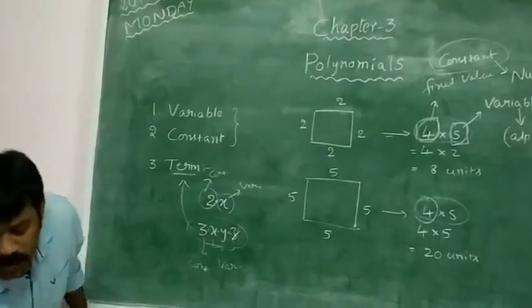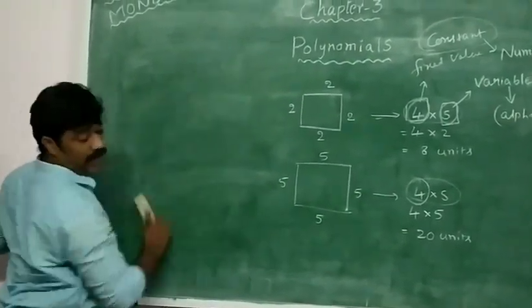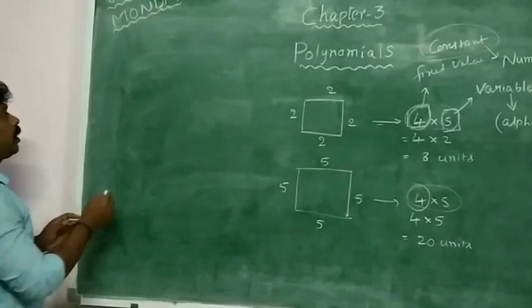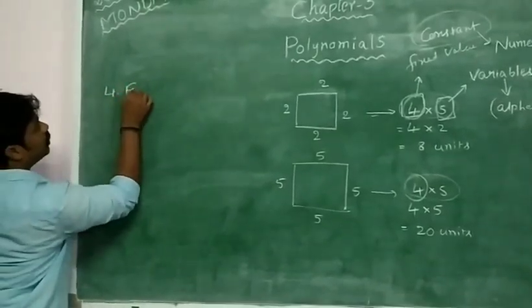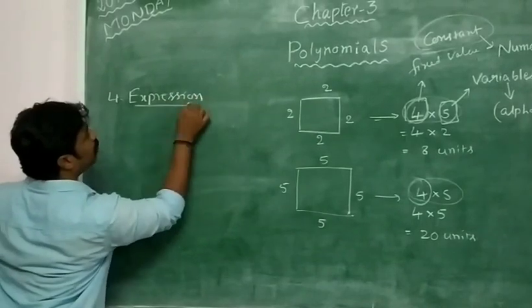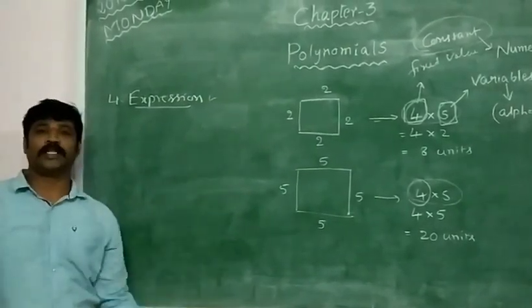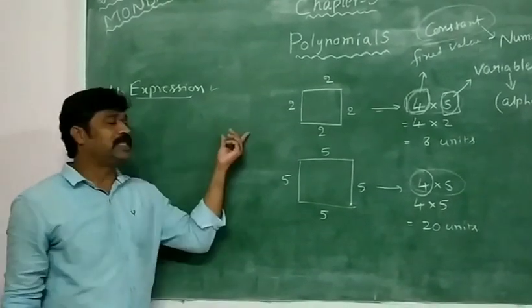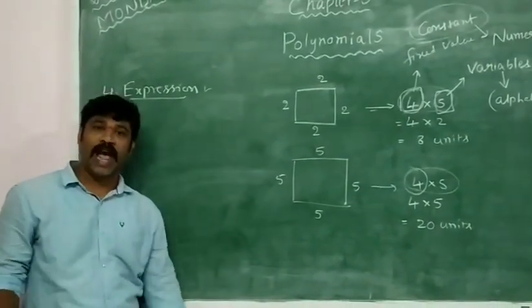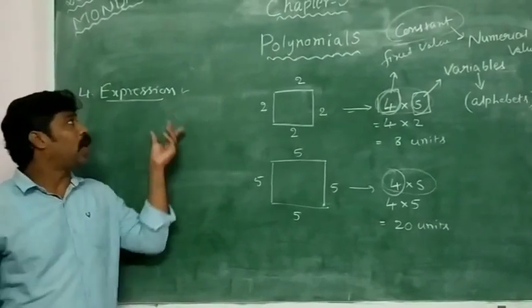Then after that we have to know about expressions. What is an expression? An expression is the combination of terms by using addition or subtraction. If we add or subtract the terms, the resultant we call an expression.